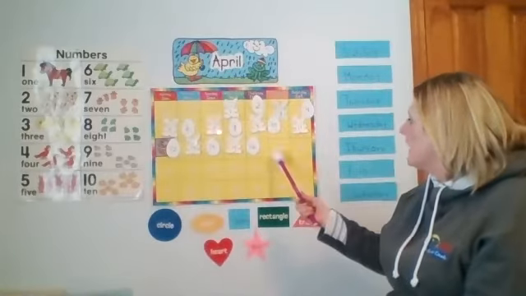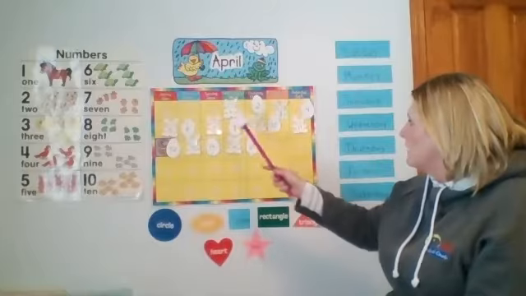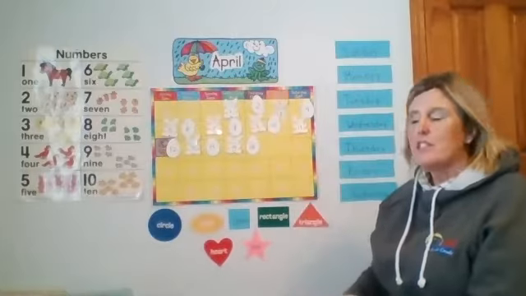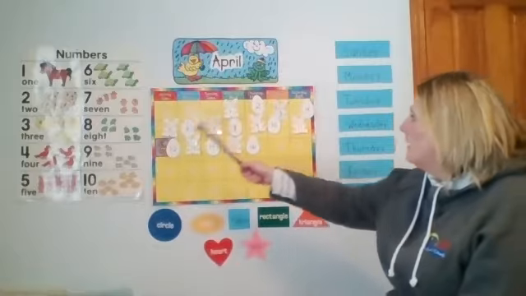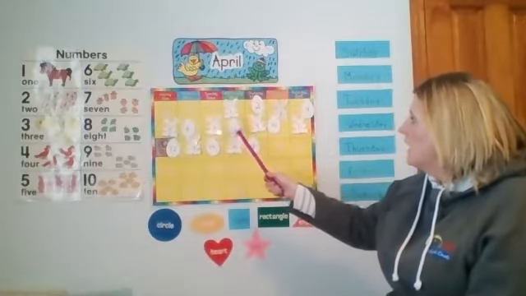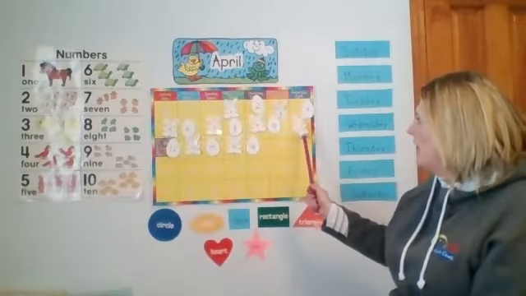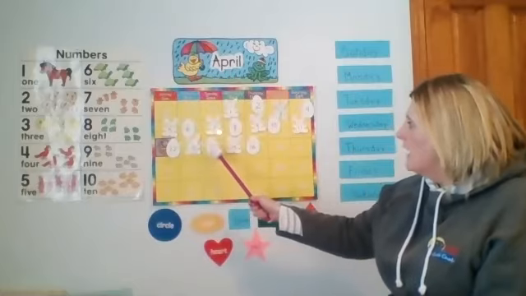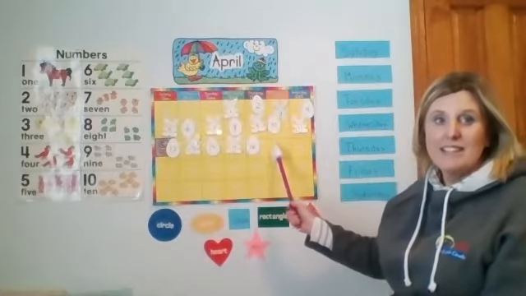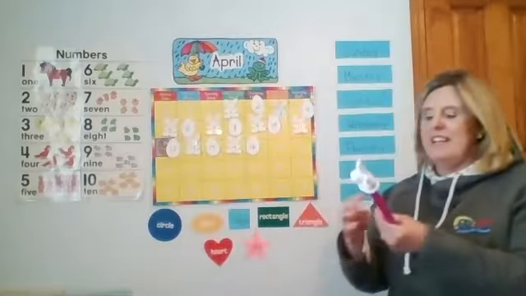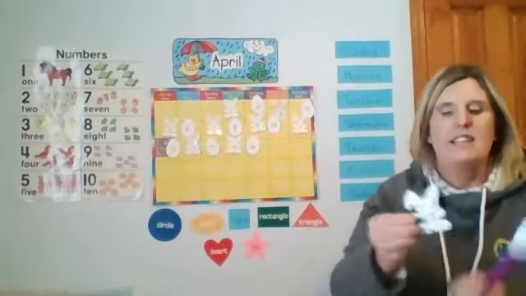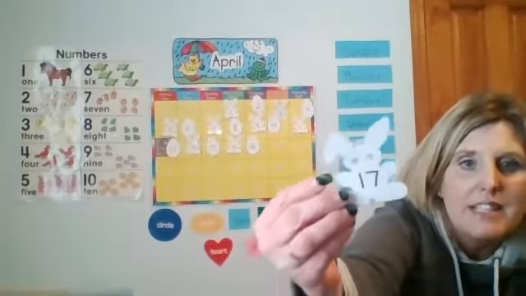Let's see what the date is going to be. If it's going to be a bunny or an egg. Let's check our pattern. Bunny, egg, bunny, egg, bunny, egg. Today is a bunny, you're right. And it is number 17.